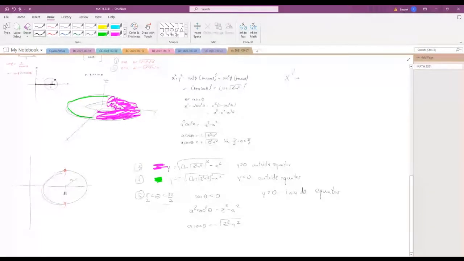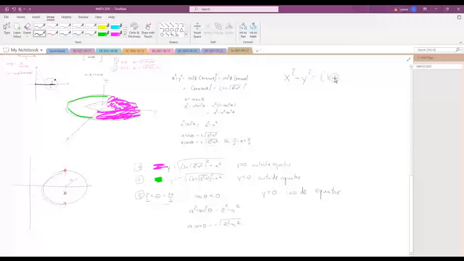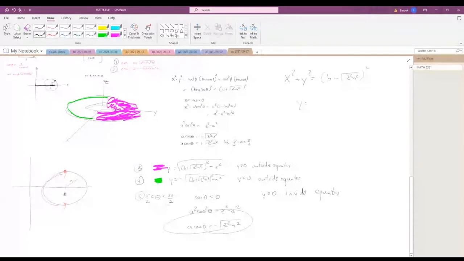We have x squared plus y squared equals b plus a cosine, which is now negative, square root. Kind of makes sense, right? Because y would now be closer to the xz plane. So we solve for y, and voila.